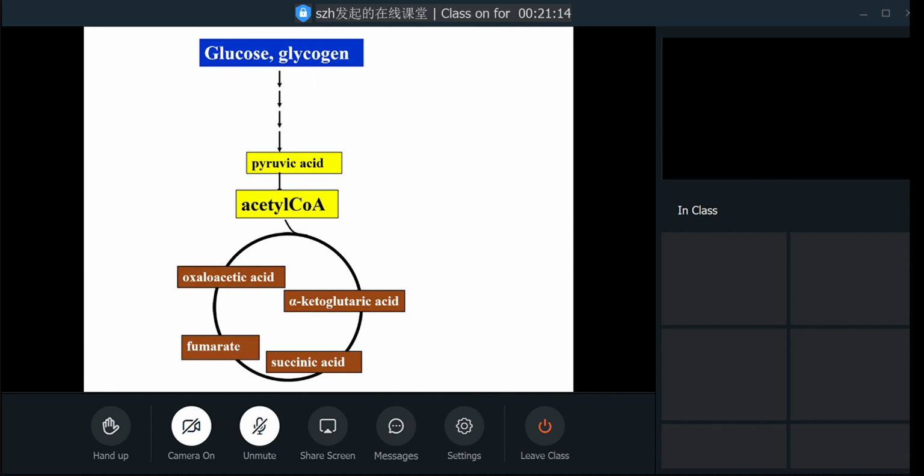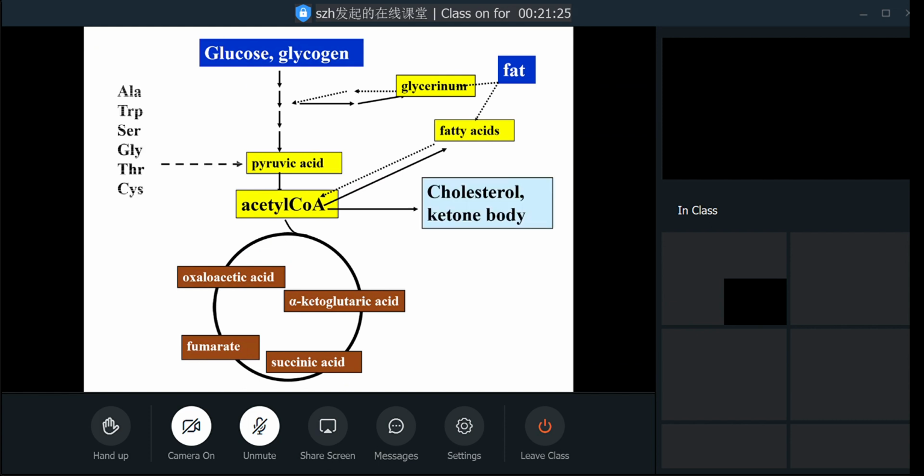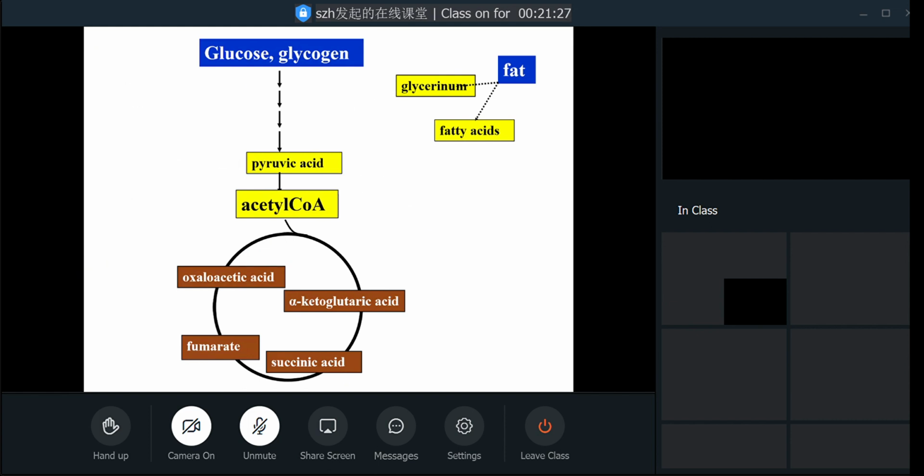You can see different kinds of amino acid can produce different kinds of intermediate products. Acetyl-CoA, here first you can see the fat produces fatty acid and glycerin, and can produce intermediate products.